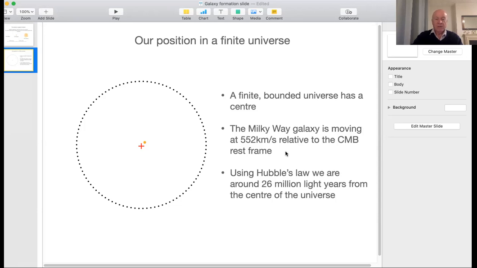And you can also plot the position of the center of the universe in Cartesian coordinates. So you get an X, Y, and Z value for the center of the universe with reference to the Milky Way. And from this, it's quite straightforward to plot the positions of the galaxies closest to the center of the universe. And that's what I did.